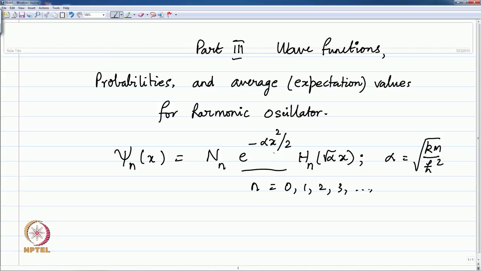Therefore, if x represents the displacement, then alpha x square is dimensionless. The other part of the wave function is the solution to Hermite's differential equation, given in terms of the Hermite polynomials H n of root alpha x, so that the polynomial has dimensionless quantities, and the quantum number n is of course 0, 1, 2, 3, etc.